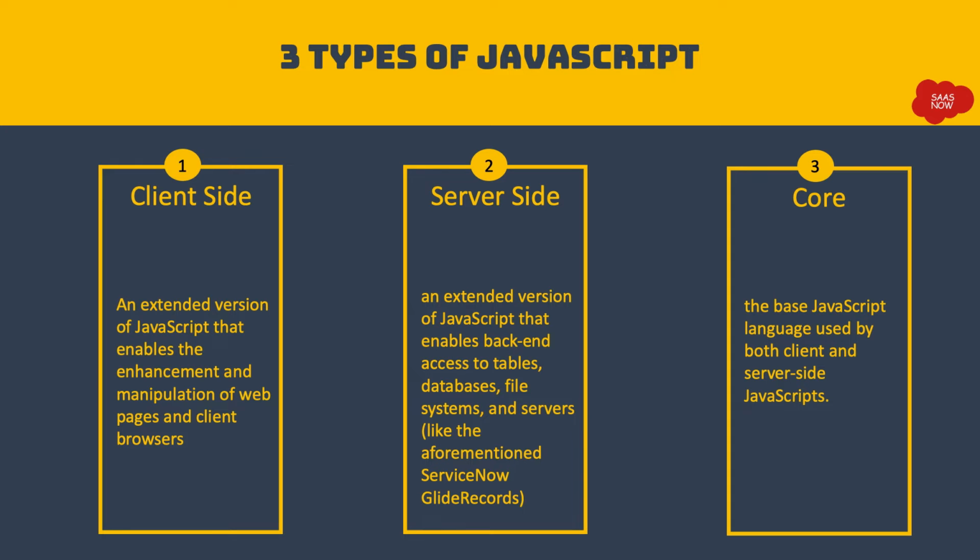And the third one is core JavaScript, which is the base JavaScript language used by both client and server-side JavaScripts. In ServiceNow, you will use all of these. However, ServiceNow has its own scripting methods and APIs which you need to use while doing scripting in JavaScript in ServiceNow.